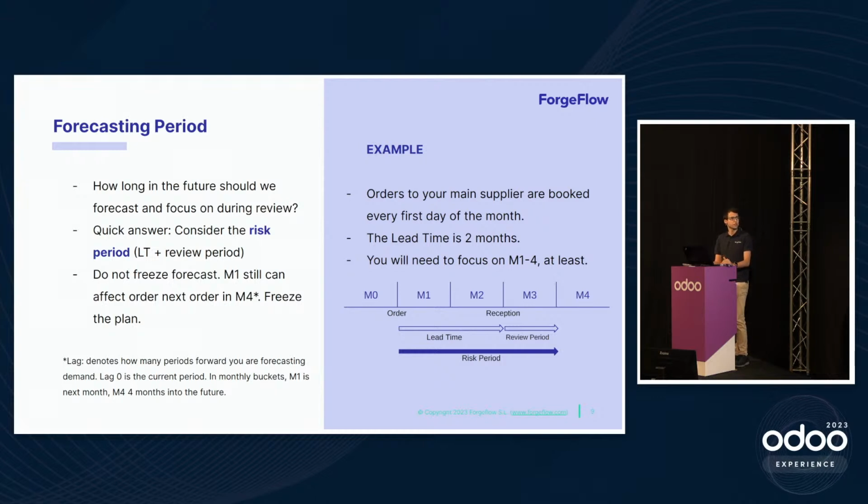You may think that, considering this, the next 2 months will be enough, but you also need to consider the review period, because imagine you are on day 5 of the month. You cannot take any action until the next first day to trigger a new order. So our risk period is what we need to focus on, at least, and in this case it will be 3 months.